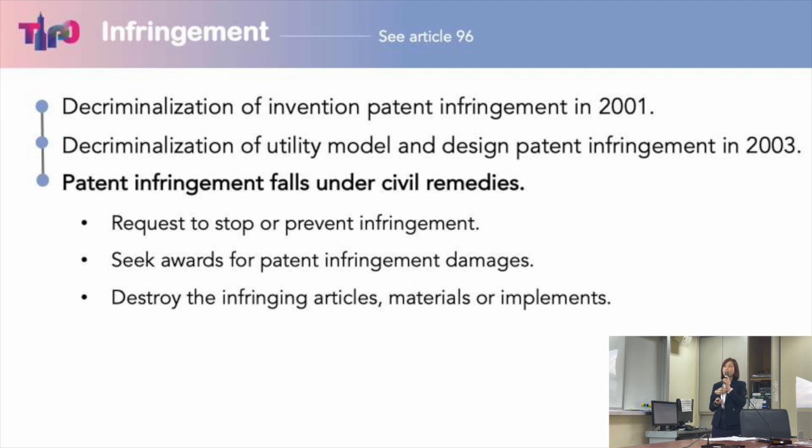That is to say, currently, patent infringement falls under civil remedies. So the patentee can request the court to stop or prevent infringement. They also can seek awards for patent infringement damage and demand to destroy the infringing articles, materials, or implements.